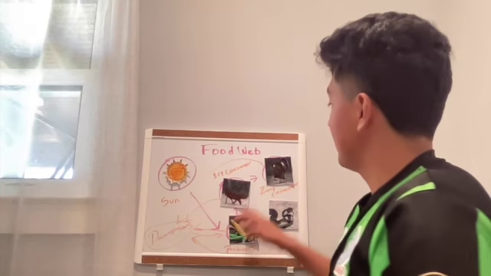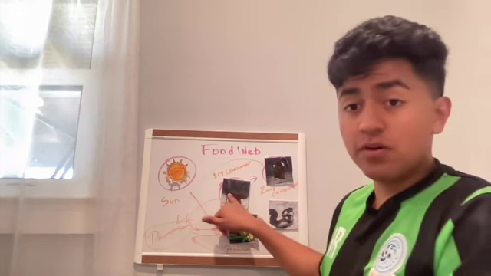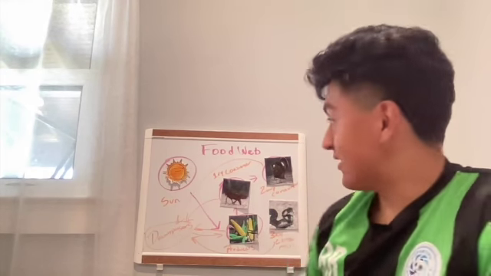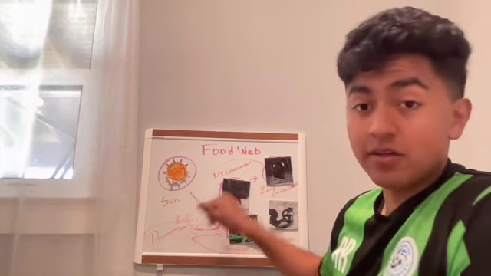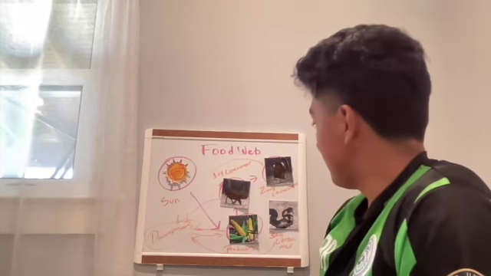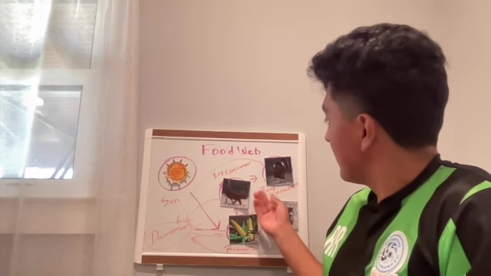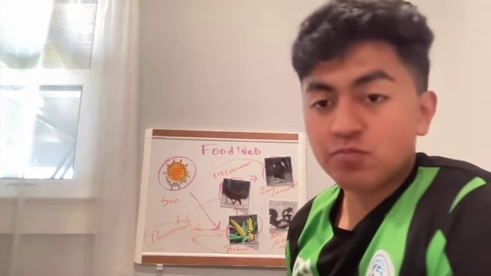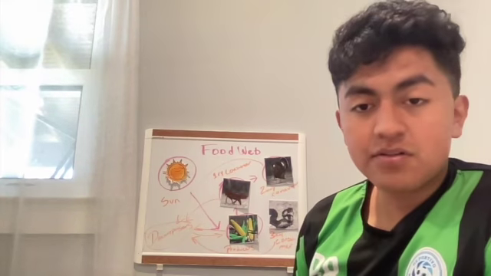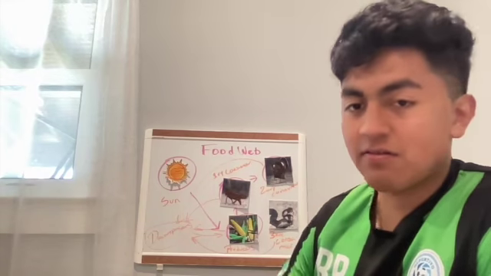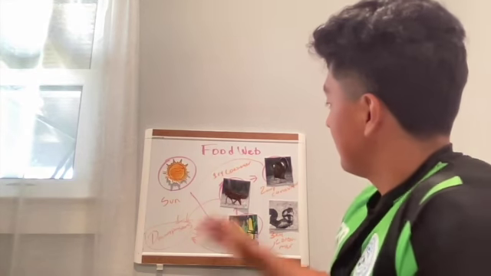So moving on, after a primary consumer comes a secondary consumer, and a secondary consumer usually eats the primary consumer. For this example, I used a turkey because turkeys usually eat grasshoppers, and grasshoppers usually can't fight off the turkey, so that's their next step.